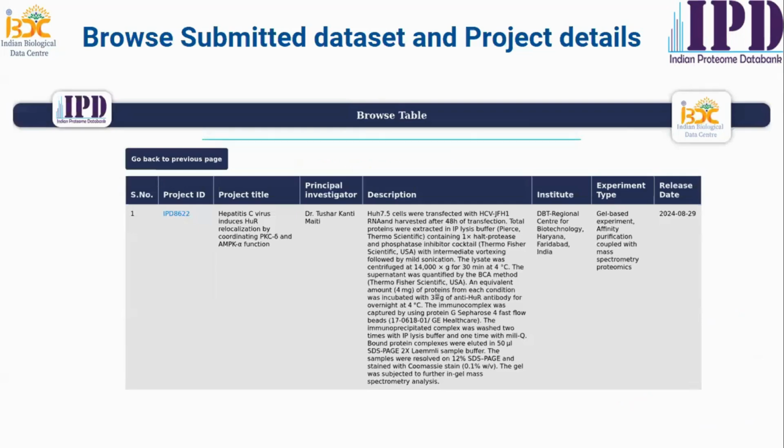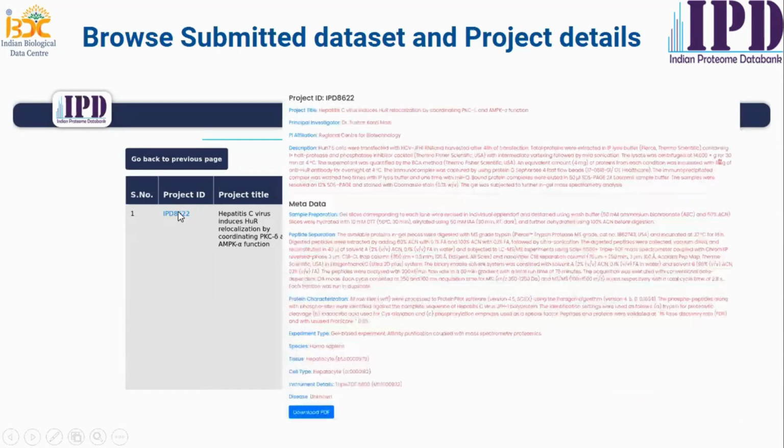When the data goes under open access, users can browse all sorts of data. In the browse table, you will get the information about the projects. If you click over the project ID, you will get all the information about this project: affiliation, metadata information, experimental information, and you can also download this information in PDF report files.